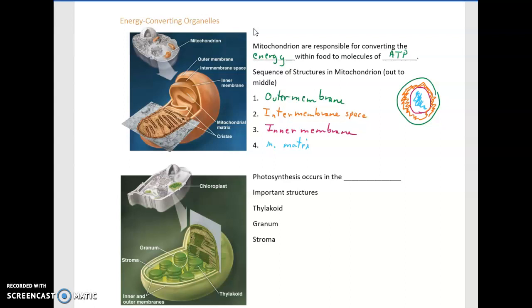Now, in the diagram over here of the more realistic mitochondria that's actually drawn by an artist, you see that we've got cristae. This inner membrane is folded in among itself so that the inner membrane has a large surface area.